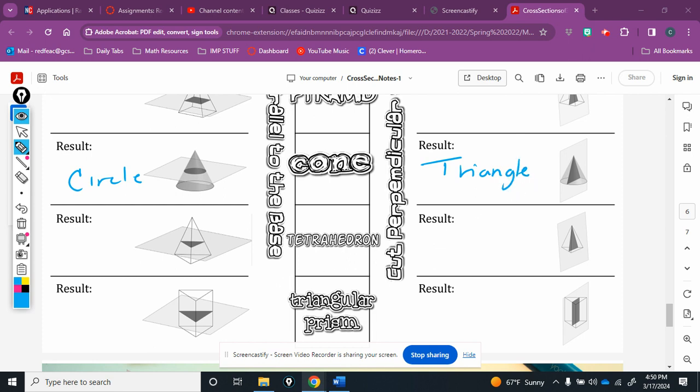For the tetrahedron, you should have a triangle and a triangle.